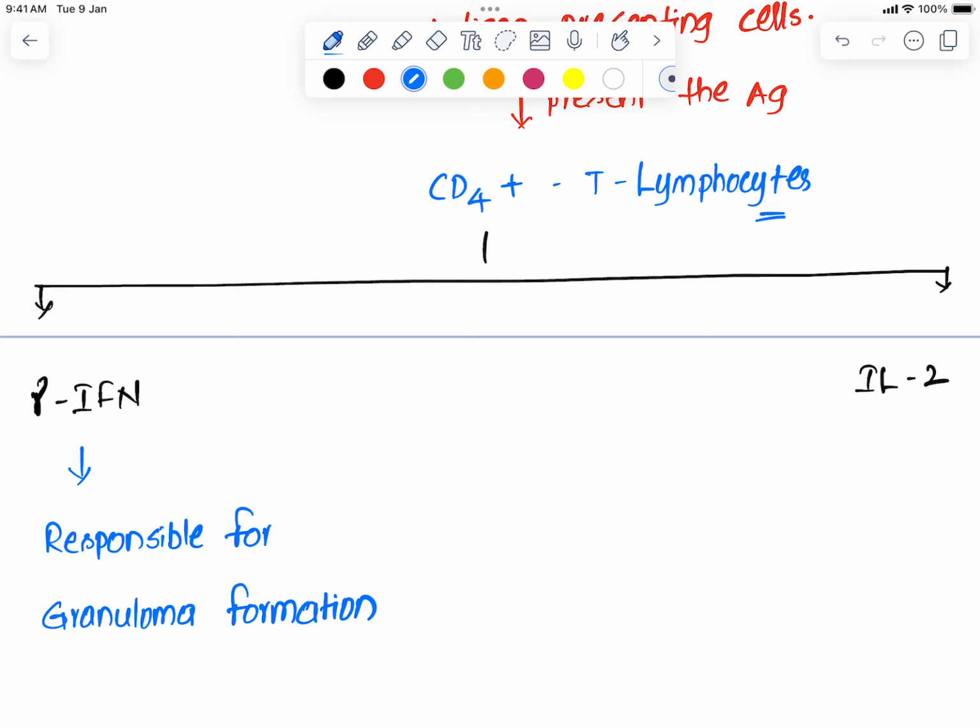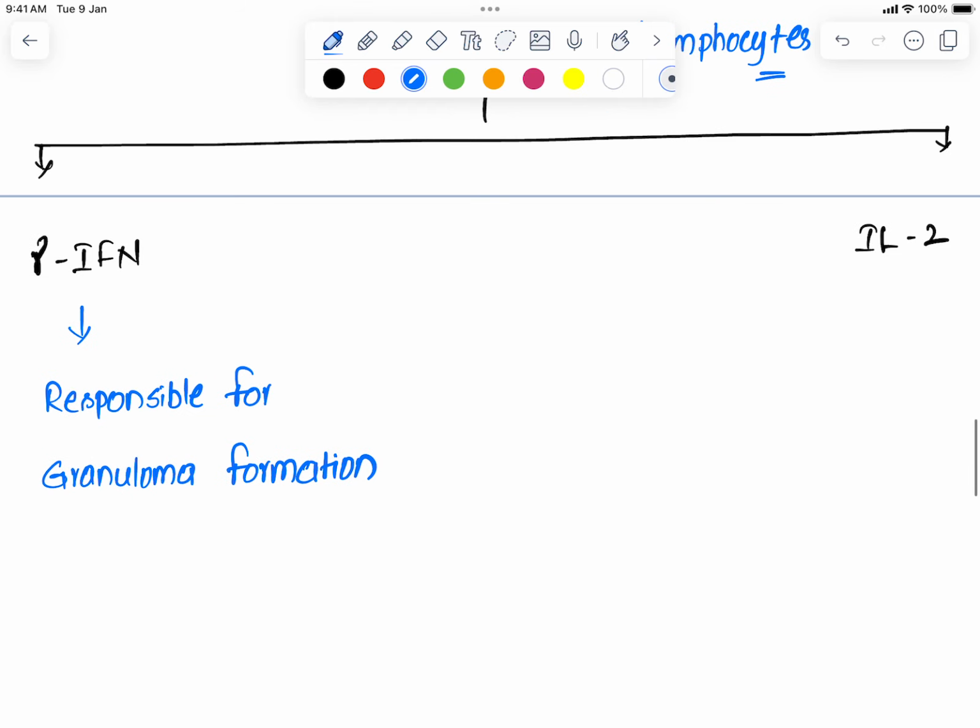Whereas interleukin 2 helps in CD4 cell proliferation.